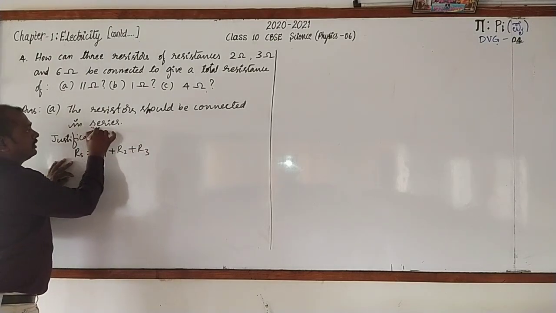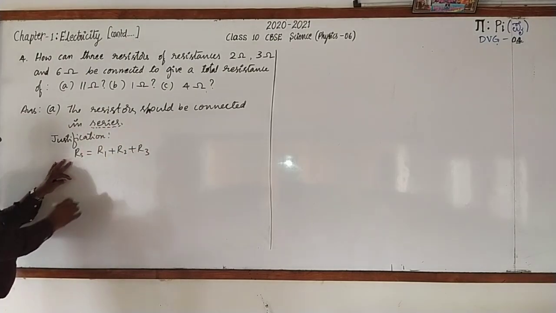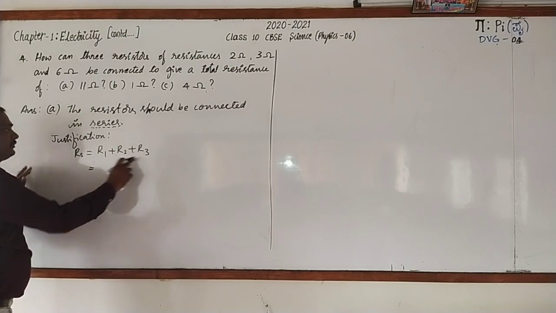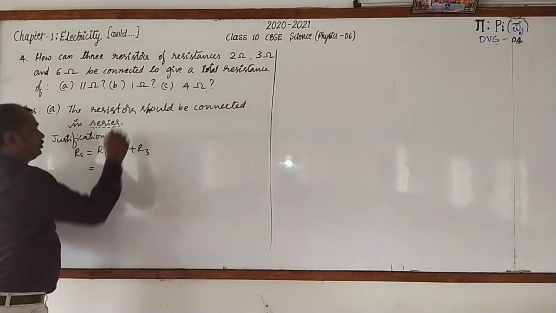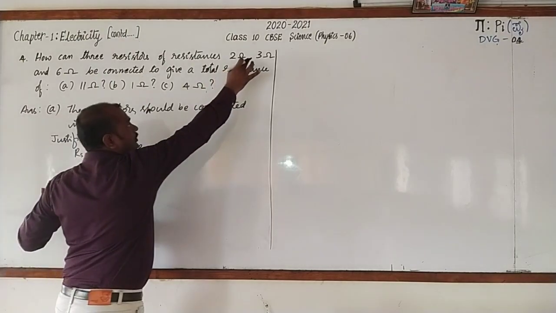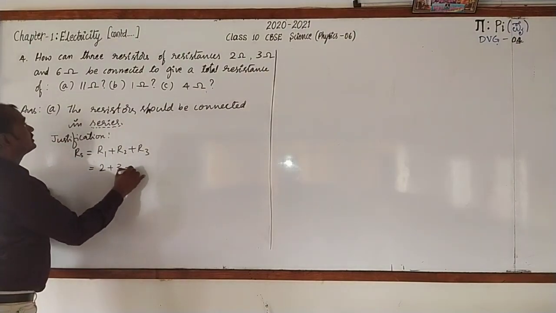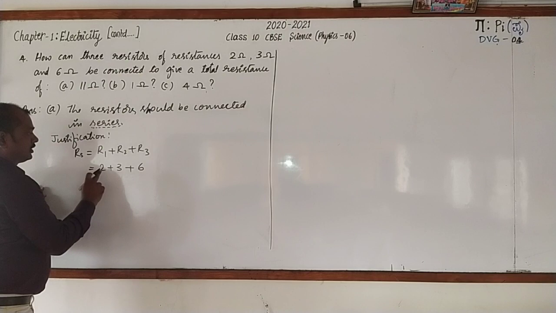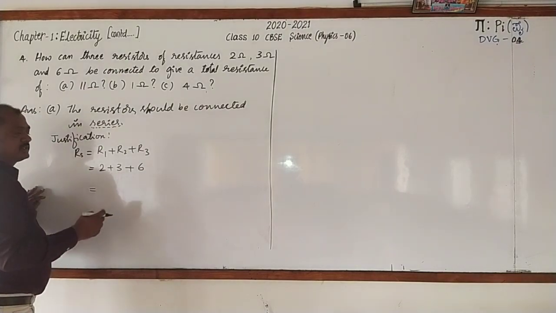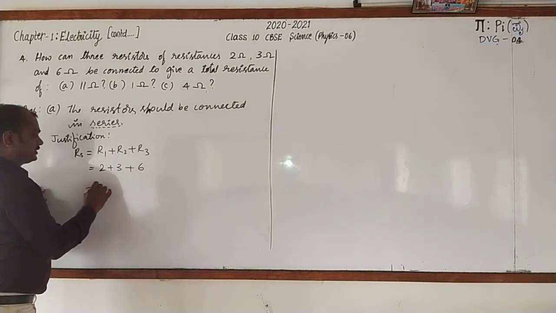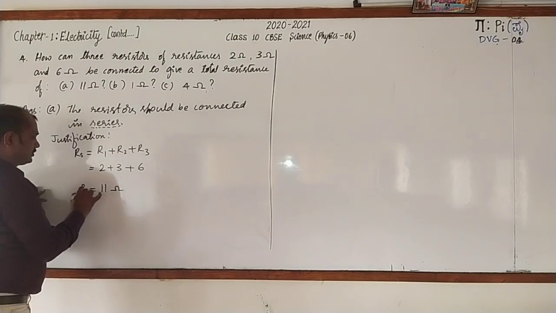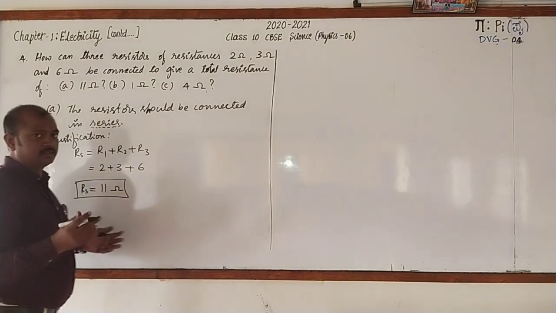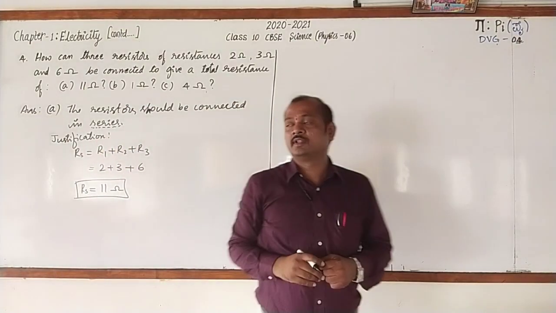Here we have mentioned they should be connected in series. Hence we have written like this. What is R1? 2 ohm. What is R2? 3 ohm. What is R3? 6. It is equal to 2 plus 3 plus 6. How much it is? 2 plus 3 is 5. 5 plus 6 is 11. 11 ohm. Got it? Our answer is right.